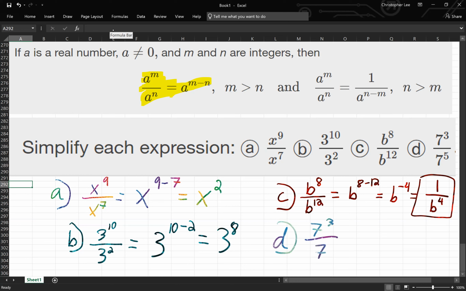Yes. Throw it in the denominator and turn it positive. Always. To be honest with you, that's how I do it. Turn it negative, throw it in the denominator. You guys try.